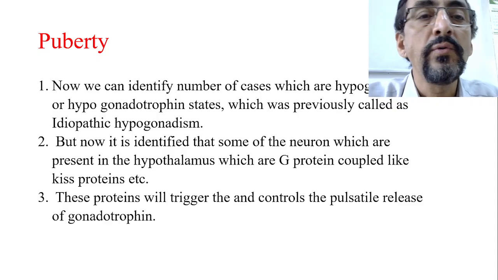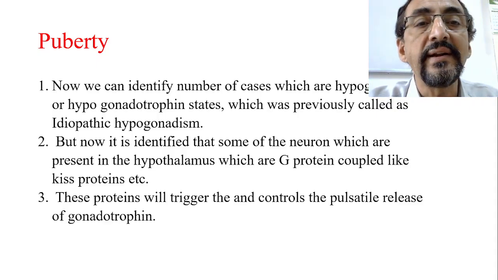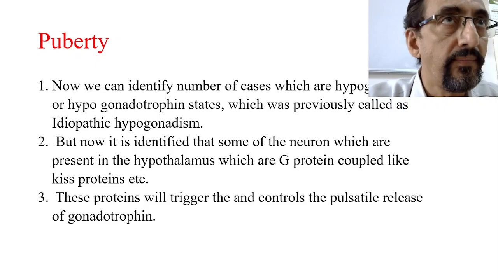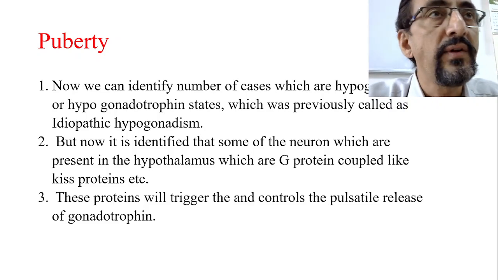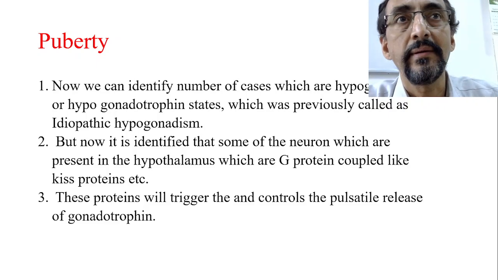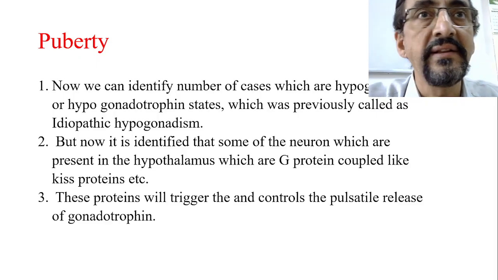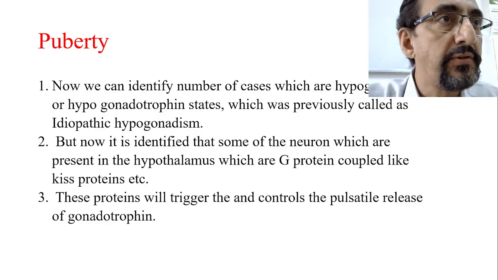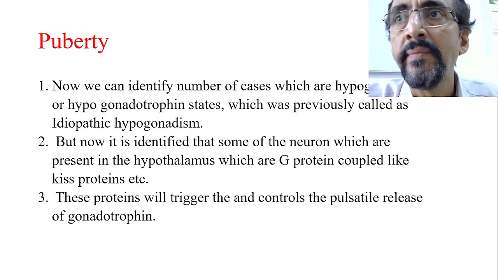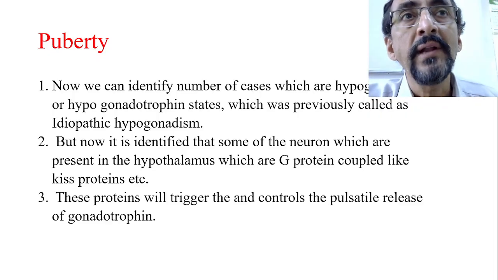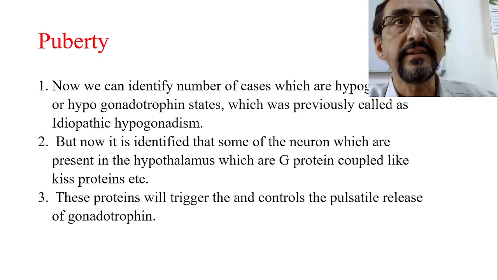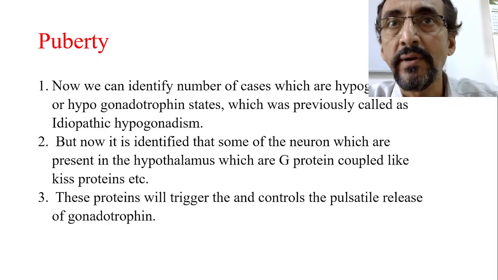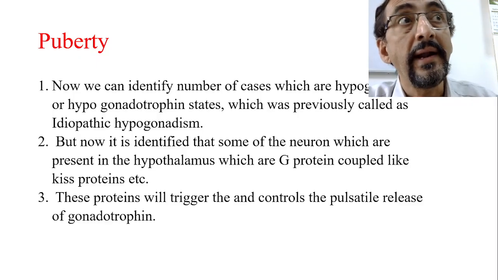This hypogonadotropic status was previously called idiopathic hypogonadism, because we were not able to identify the changes taking place centrally, like hypothalamic changes and pituitary changes, because of the lack of advancement. Nowadays we are able to identify such cases by means of CT scan, MRI, etc. We can identify whether the pituitary gland is normal and its activity is normal.